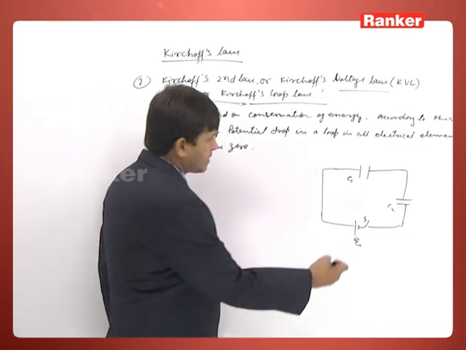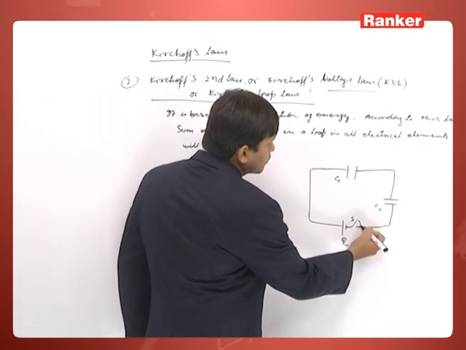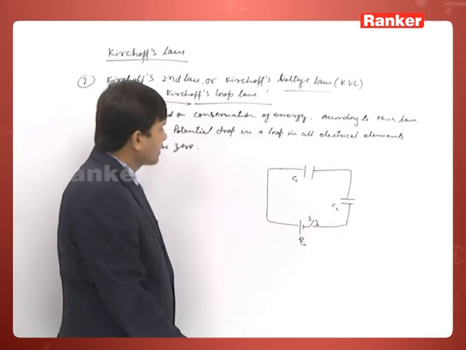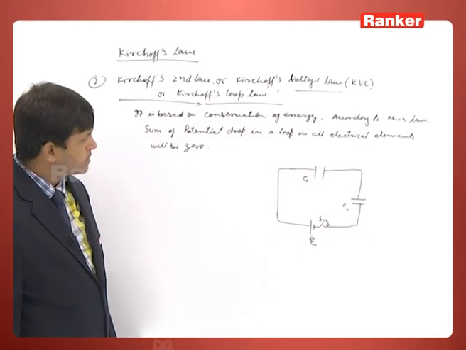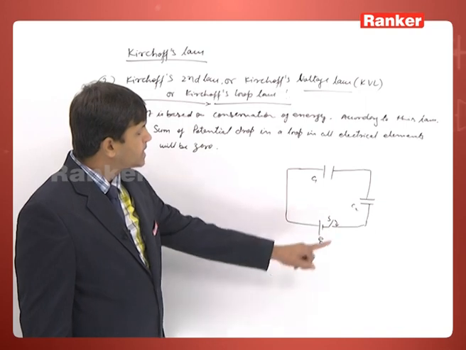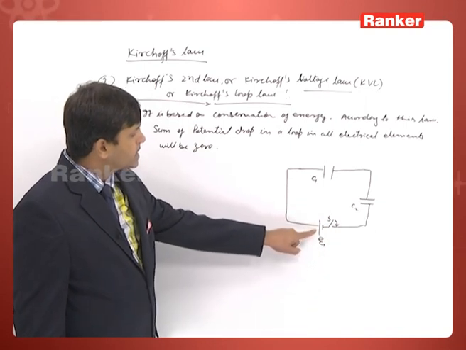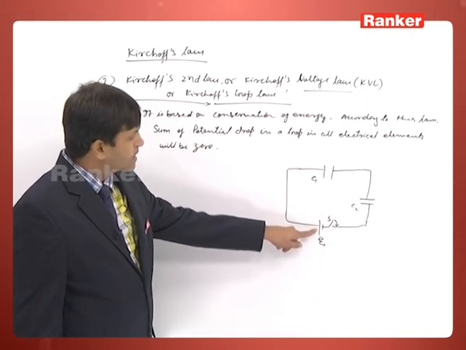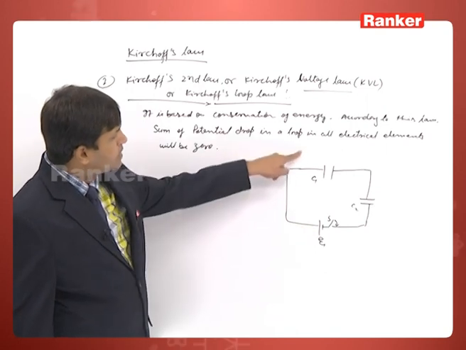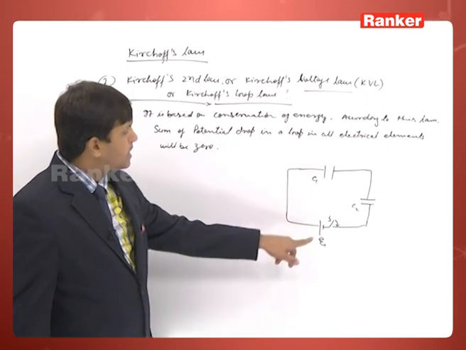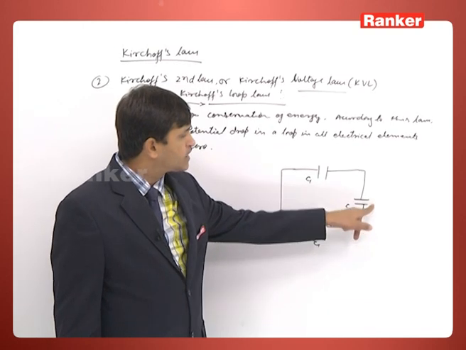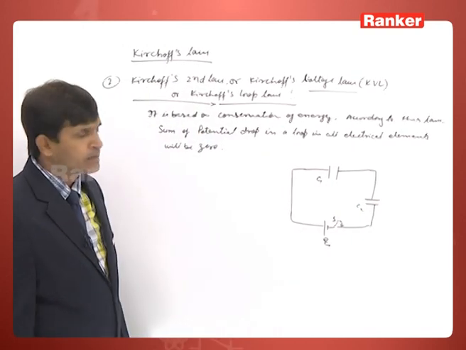See, when switch is closed, as soon as switch is closed, it means what I did, I connect the higher potential terminal of a cell with this plate and the lower potential terminal of a cell with this plate.